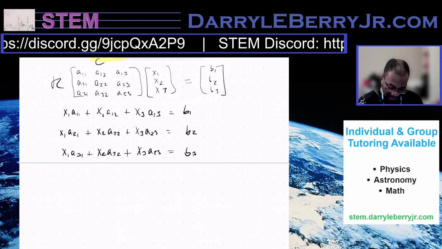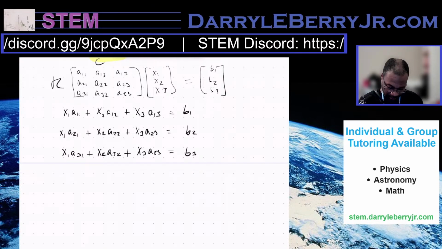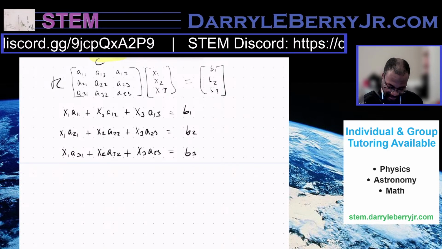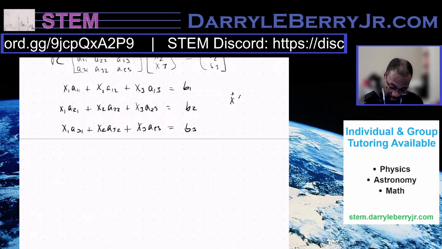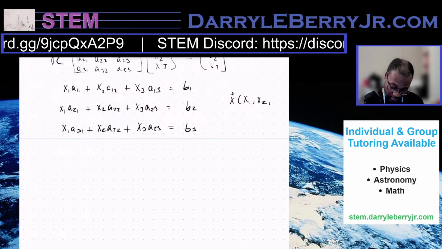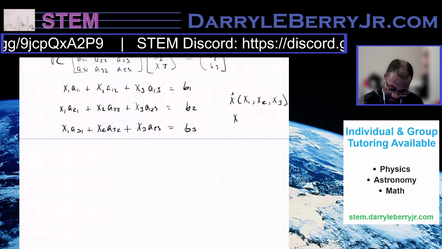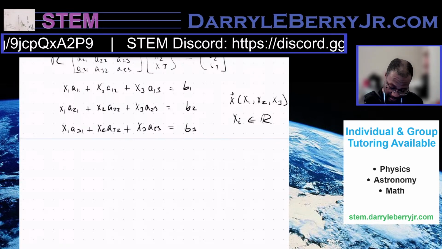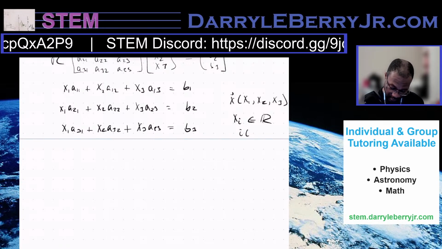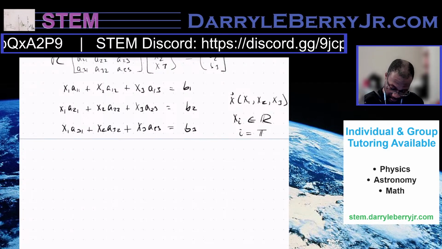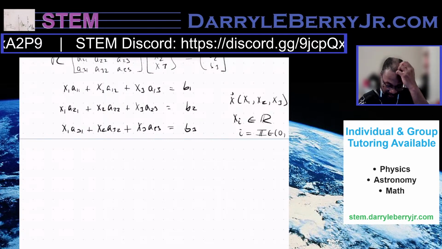All right. Now, we know from our previous videos that x will be some grouping of numbers that are real. So we'll say xi are real numbers, and i equals integers from 1 to 3.